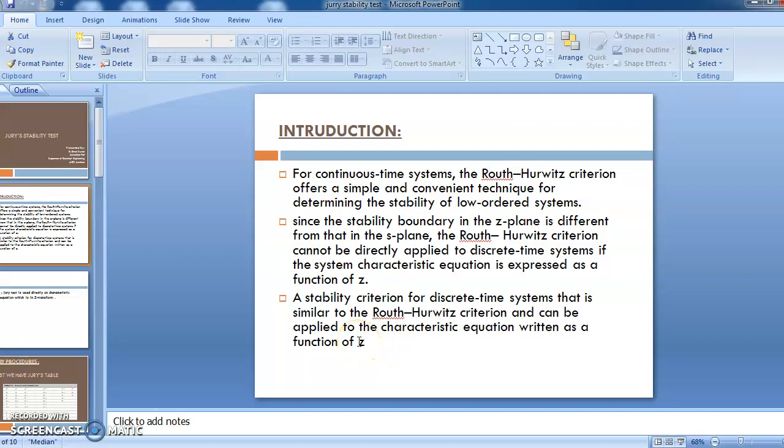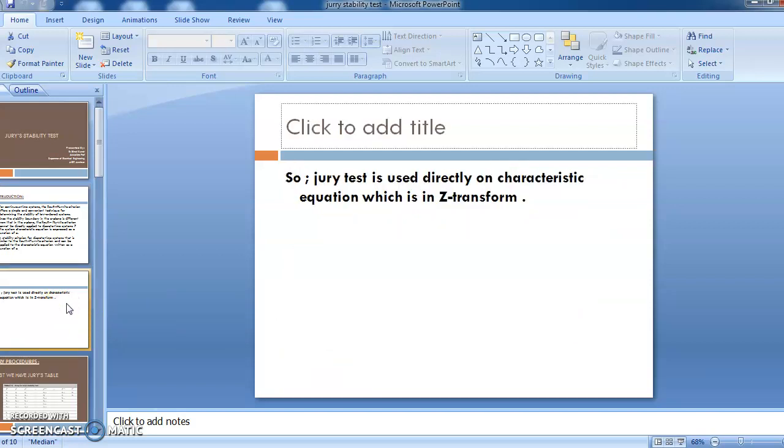As we had already discussed, Routh-Hurwitz criteria is applicable in the S plane when the characteristic equation is given in the form of the S plane. Similarly, this Jury stability test is applicable when the characteristic equation is given as a function of Z, right? That means we may conclude that the Jury test is used directly on the characteristic equation which is in Z transform.